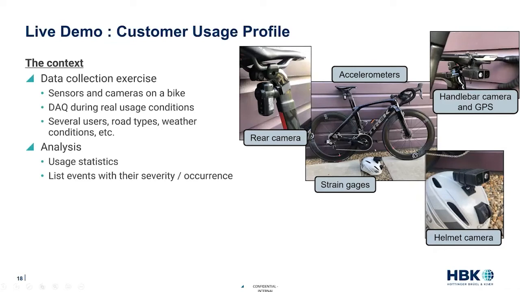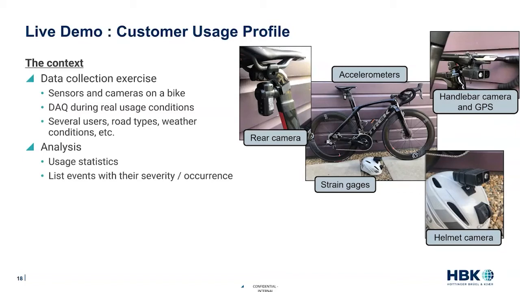But in this case, since the bike exists, before it's a prototype, we want to make sure that it's able to resist the various use cases it's been designed for, right? So I want to do some analysis. I want to understand the usage statistics. So in average per trip, what's the distance driven? What was the maximum speed?